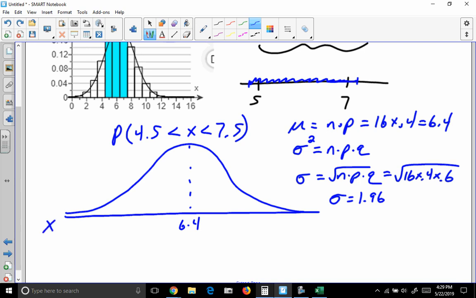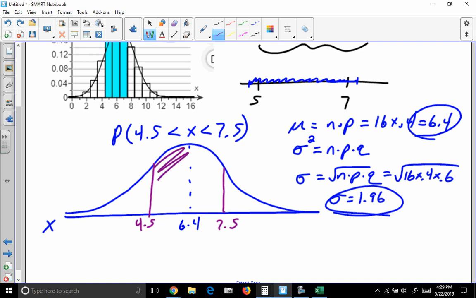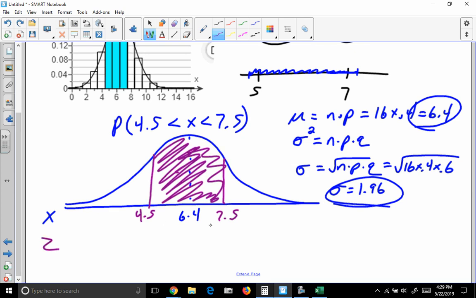So we have our mean, we have our standard deviation. We know that we want to be between 4.5 and 7.5 in the x direction, so we're looking for that area. So we have to convert each of those to z values. Remember, z is what we're looking up in the table.